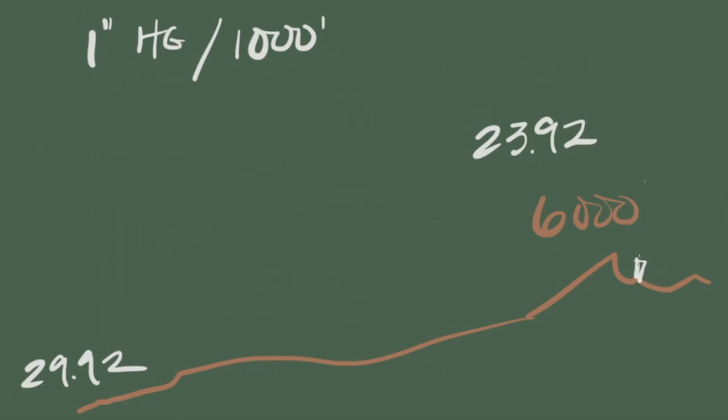Instead, there's a couple steps in the process when you get this setting. The station measures the pressure, in this case 2392, and then it applies the 6,000 foot conversion onto this number to give you the readout that you actually set in your altimeter.